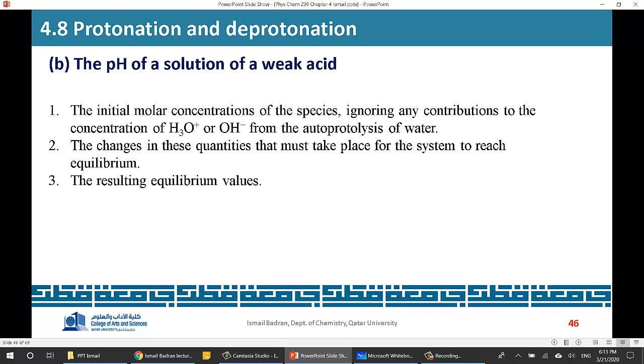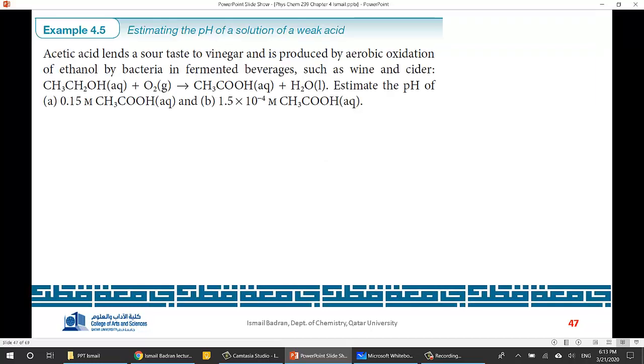For 0.1 molar of a weak acid, let's say acetic acid, the pH will be a little bit more complicated than that, and we're going to show you how to do that. You will find that the pH of a weak acid for the same concentration will be way different than a strong acid. Let's start with an example of calculating the pH of a weak acid, which is the acetic acid.